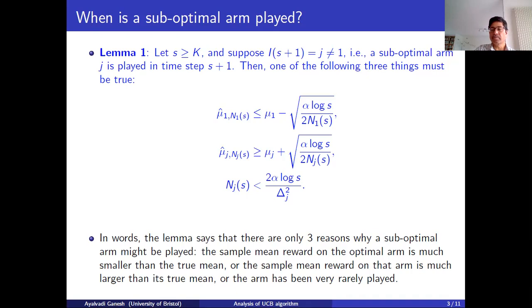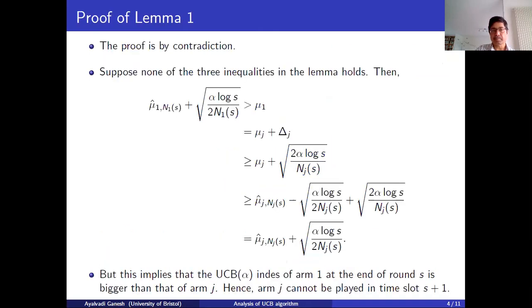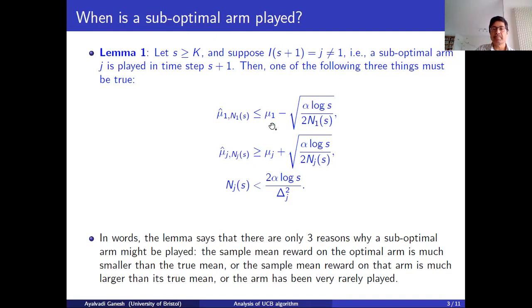So let's prove this lemma first. And the proof is going to proceed by contradiction. So by way of contradiction, we suppose that none of the three inequalities in the lemma holds. Then what can we say? Let's go to the first inequality.